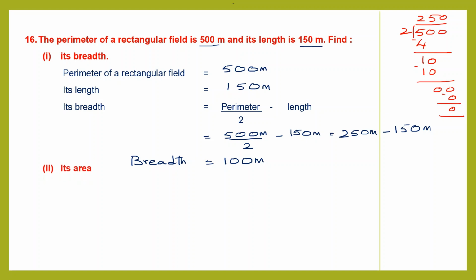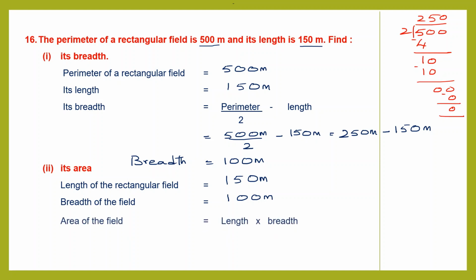Now we are asked to find its area. So to find the area, first we need to write the length of the rectangular field, which is given to us as 150 meters. The breadth of the field we have found out now to be 100 meters. So the area will be length into breadth. So 150 into 100.